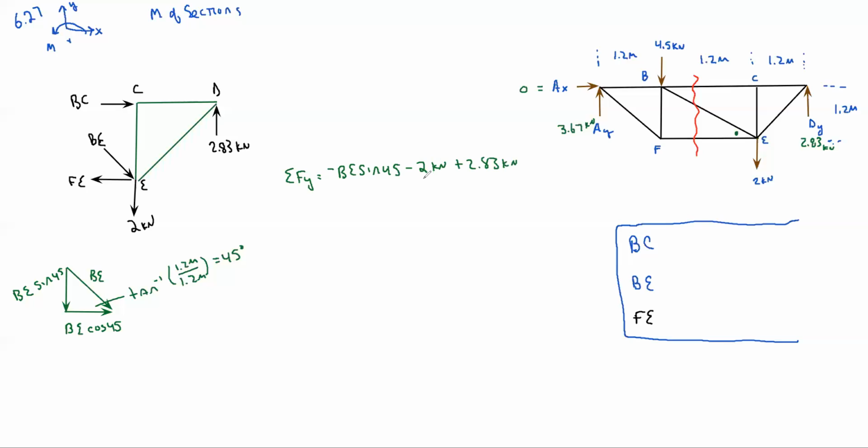The negative 2 kilonewtons comes from the external force at point E, and the 2.83 kilonewtons is the calculated reaction at point D. Solving for BE, therefore BE equals 1.17 kilonewtons.